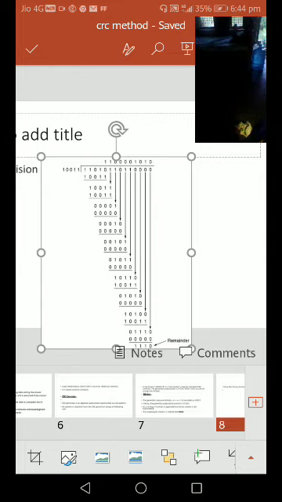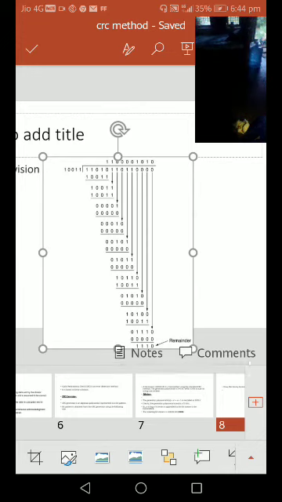The remainder is 0111, 0111. Then next we have to insert the next data here. We have to insert the data 0 here. The previous bit is discarded, and the next bit of the remainder is 0 bit.